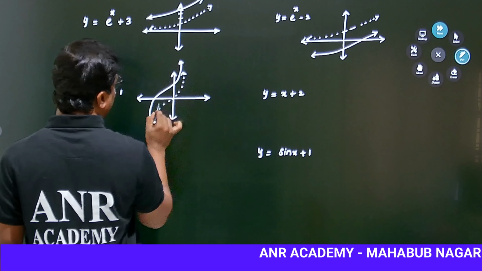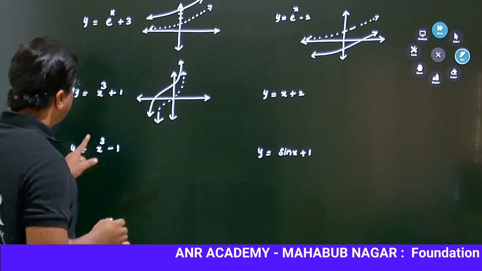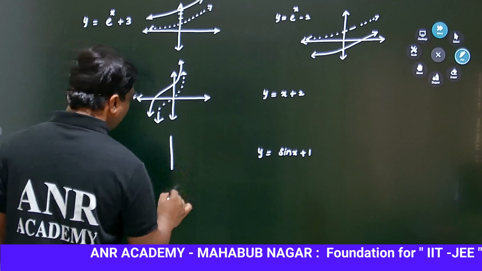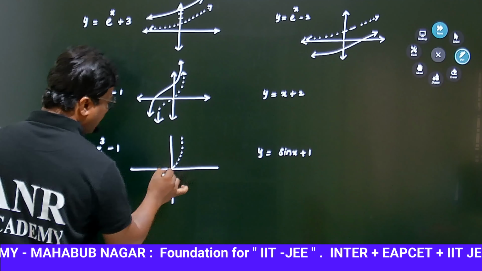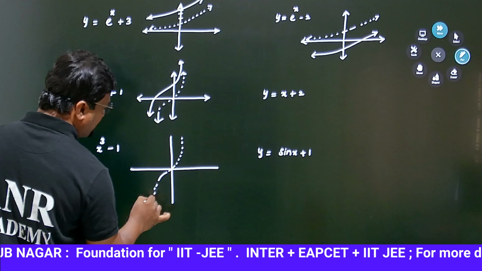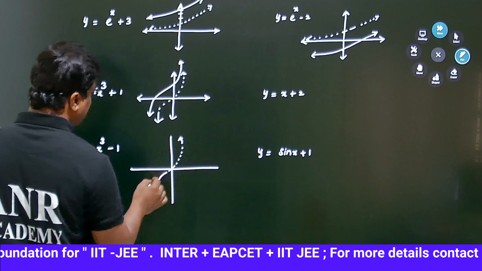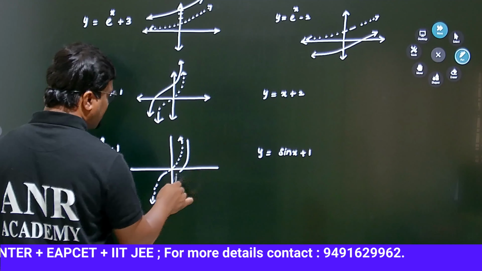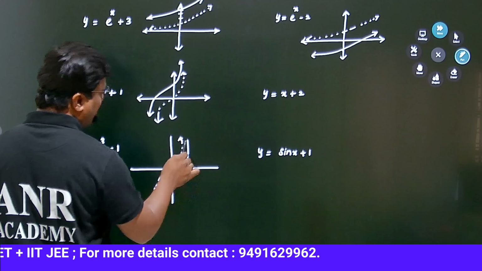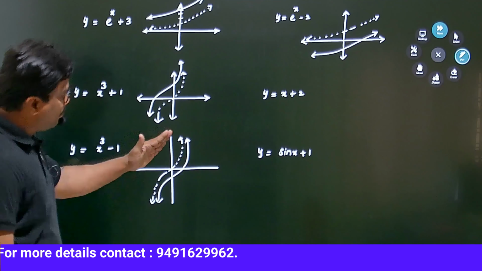So this is the graph. Next, x cube minus 1. You know the graph of x cube. This one. When you have minus 1, you have to shift 1 unit in the downward direction. So this is the graph. This is x cube minus 1.